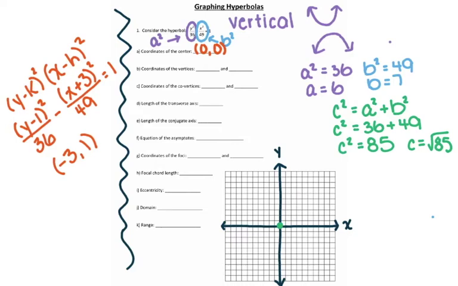Okay. Now, the next thing that we're going to do is find the vertices. So we have that our A value is 6, which means each vertex is 6 units away from the center. And we said that this is a vertical hyperbola. So we have to go up 6 and down 6 because it's vertical.